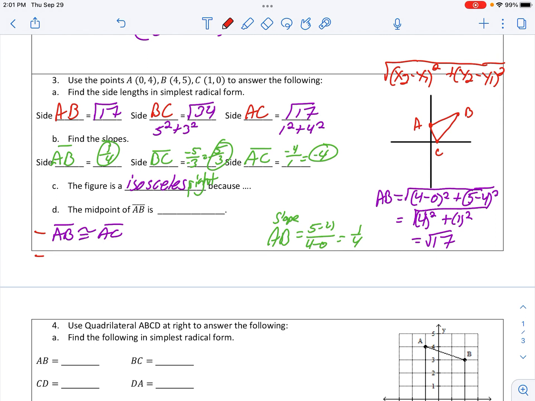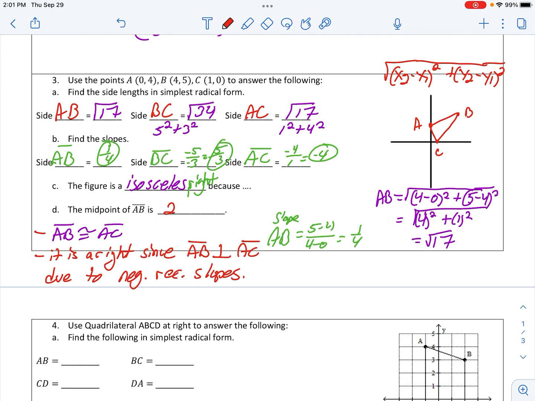The side's right there, and then the other thing is, it is a right triangle since AB is perpendicular to AC due to negative reciprocal slopes. And I keep asking about the midpoint of AB, (2, 1/2).